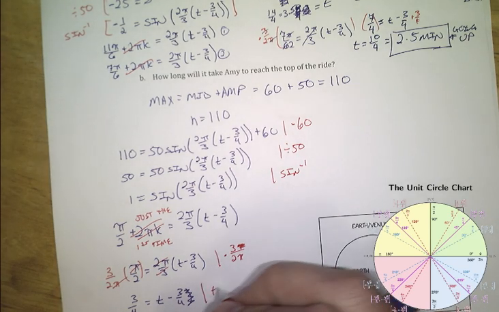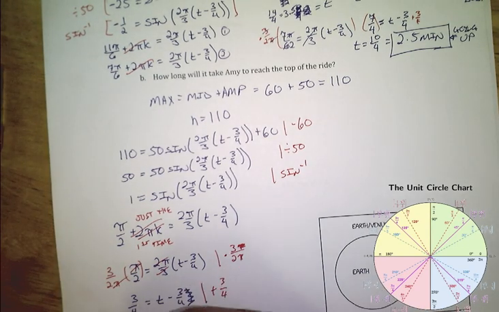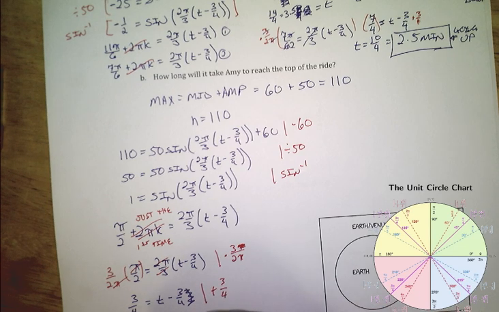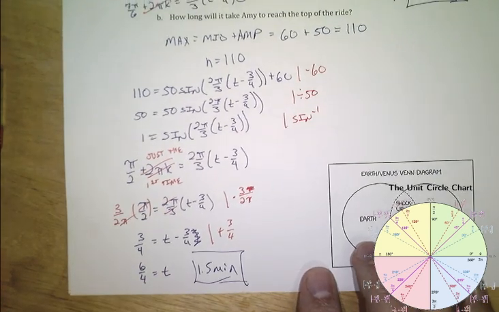And then we will add 3/4, not making the same mistake we did last time. And so I get 6/4 is equal to t. So that should be a minute and a half. That is curious.